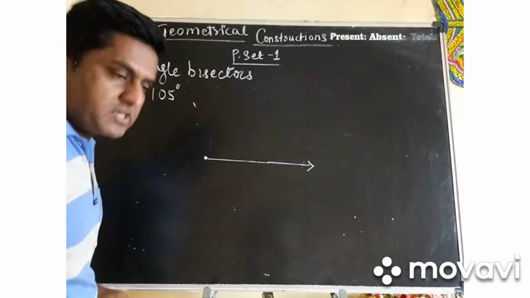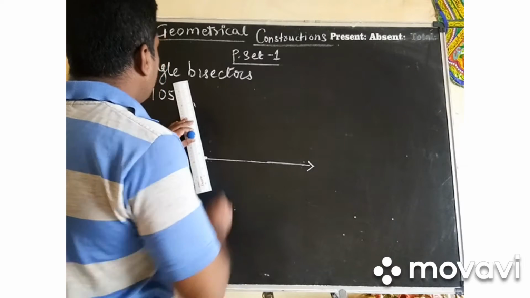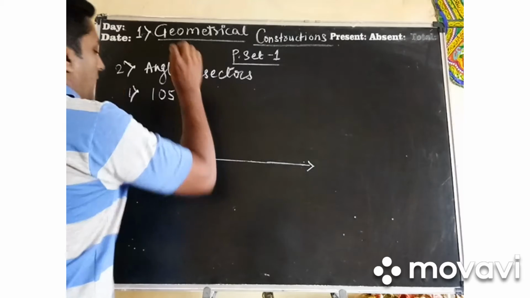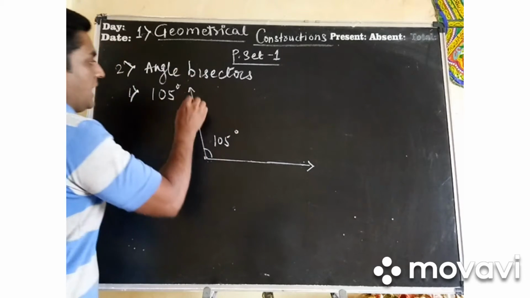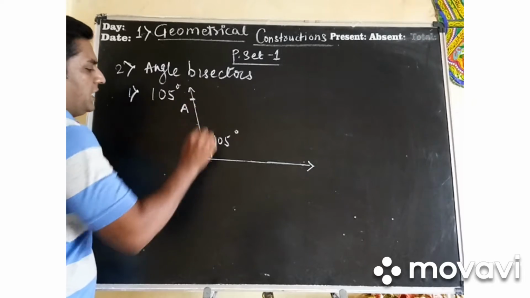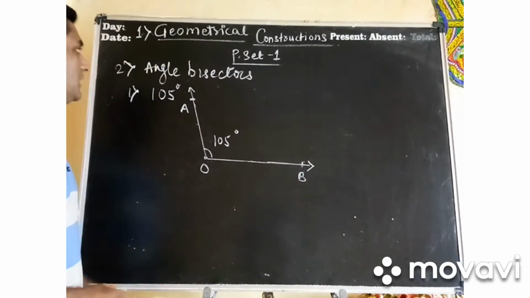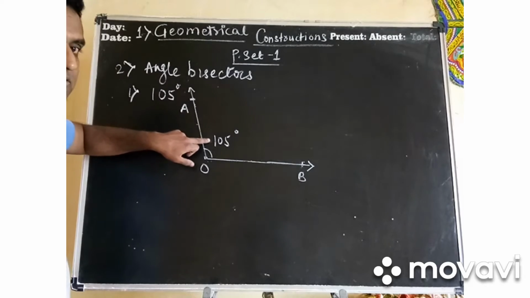Now with the help of a scale, I keep it this way, and I have made a line array. And see, this is nothing but 105 degrees. Here you can give the name angle AOB. So now this is your angle AOB, and its angle is 105.